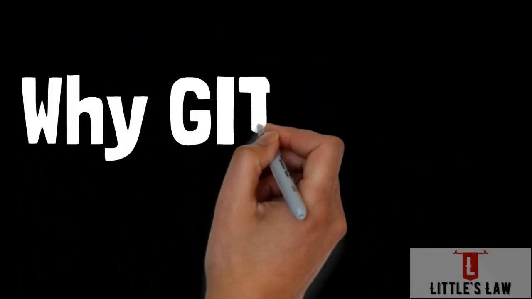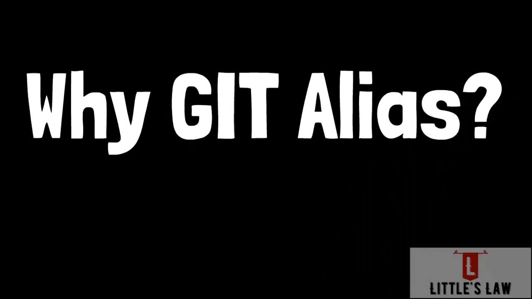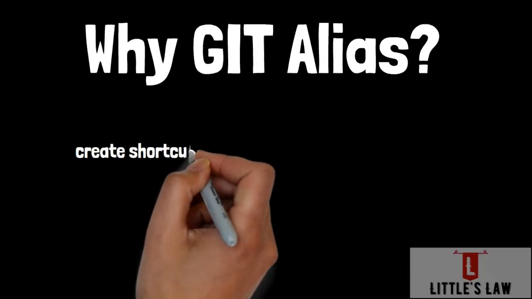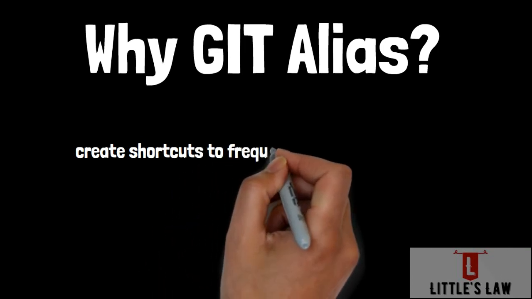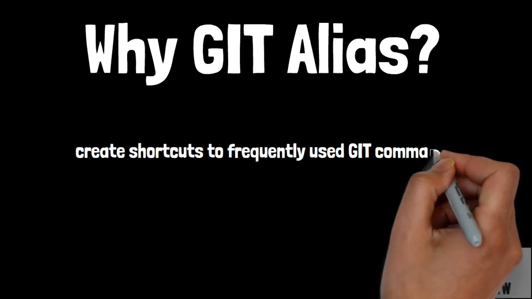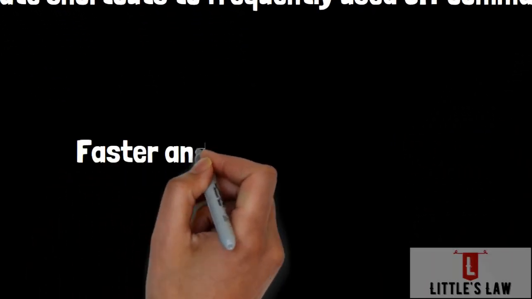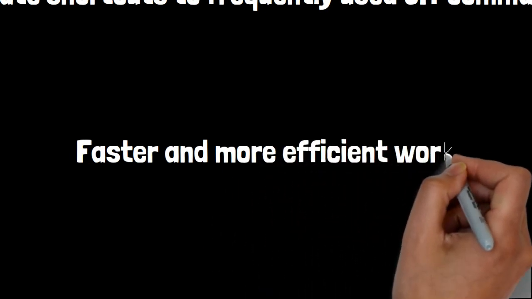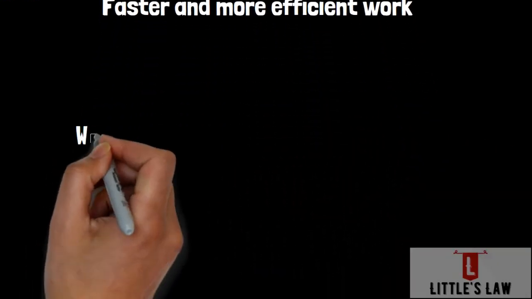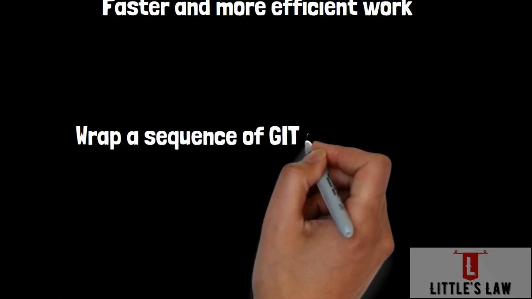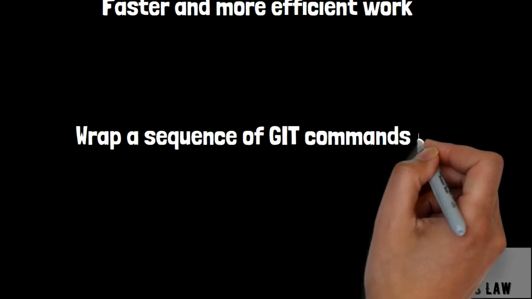So why do we really need a Git alias? These Git aliases are a powerful workflow tool that creates shortcuts to frequently used Git commands. By using Git aliases we work faster and become more efficient developers. These aliases can be used to wrap a sequence of Git commands into a new fake Git command.